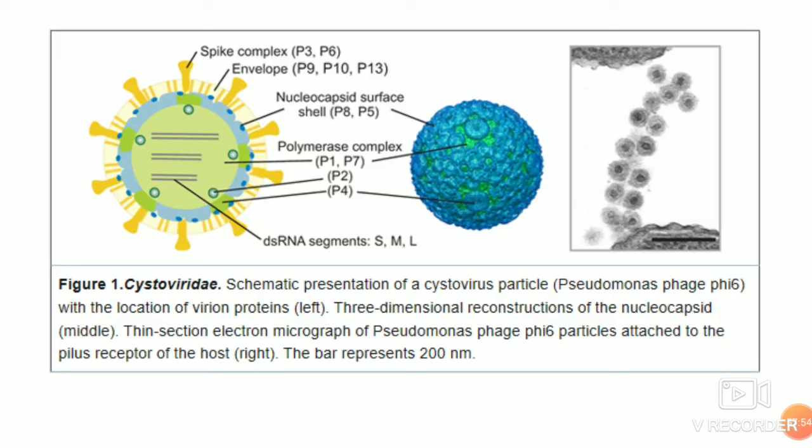Coming to the structure, they are enveloped virions. They are spherical in shape and about 85 nanometers in diameter, and you can see there are little things coming out. These are the spike proteins, that is P3 and P6.